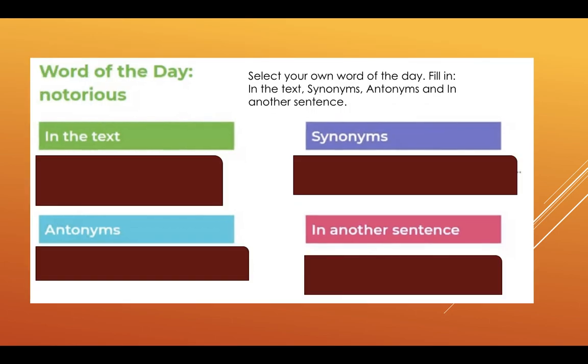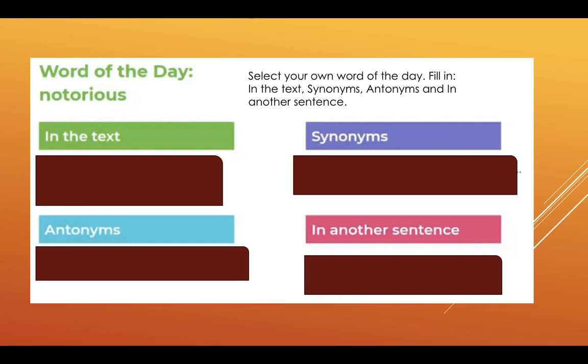Okay, this is your first task of the day. And you may need to use the pause button, but it'll be up to you. In fact, you're going to need a text to read, so you'll have to come back to it. So what do you do? Select your own word of the day. Fill in the text, so write down where you found it in the text.